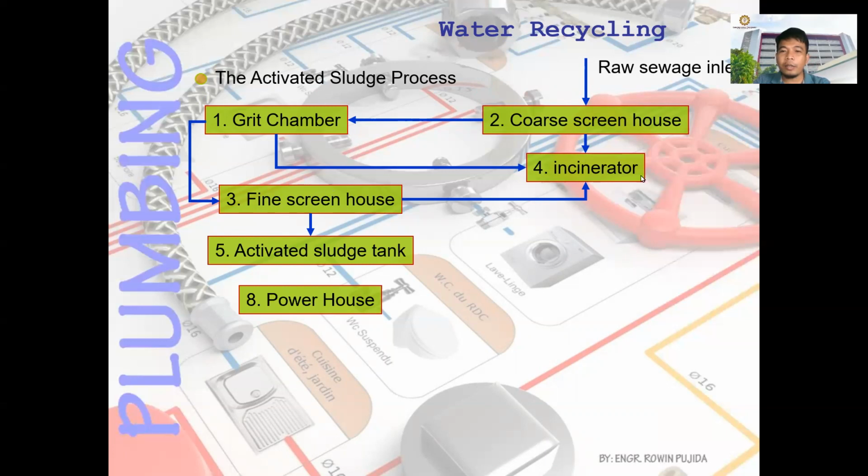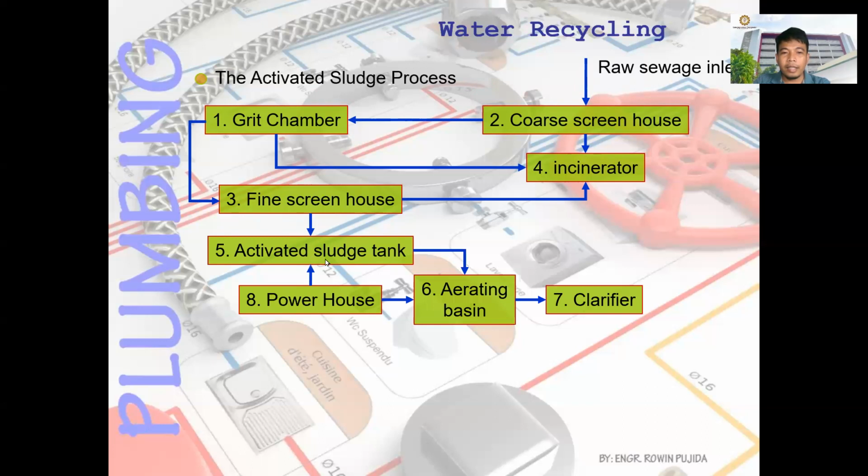By the way, at the incinerator, the sludge is heated to become fertilizer. From the fine screen house you have the activated sludge tank, then the aerating basins, supplied by the powerhouse, which supplies the activated sludge tank and the aerating basin.